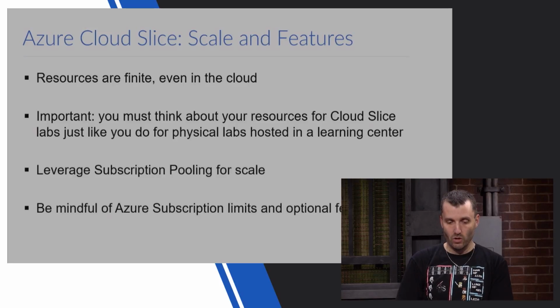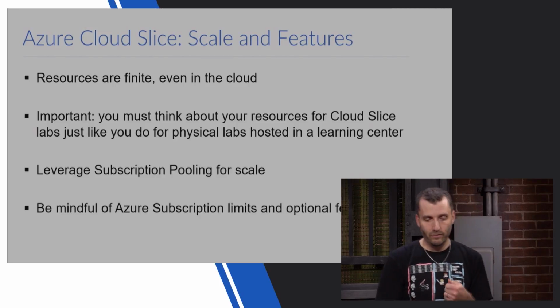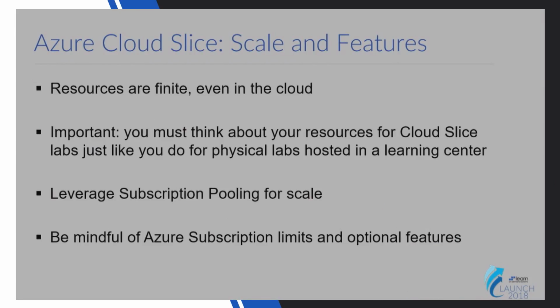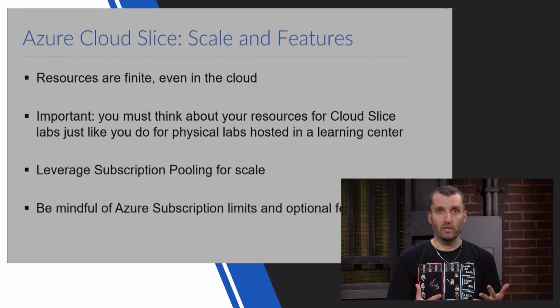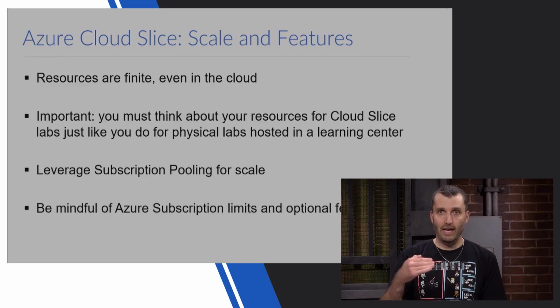And as a last note, be mindful of optional features. So by default, Azure has certain features turned off. If students are using an Azure Pass, they can just turn them on because they're admin over the subscription. If they're using Cloud Slice, they don't have access to turn on those optional features. So you need to identify what those are and turn them on.